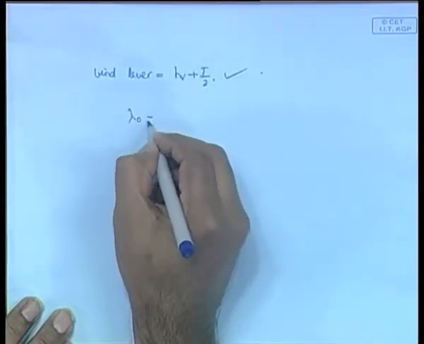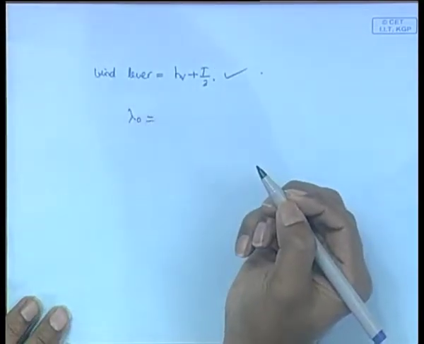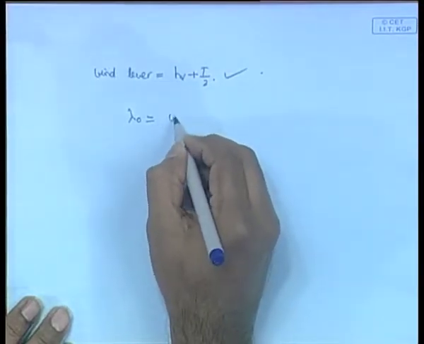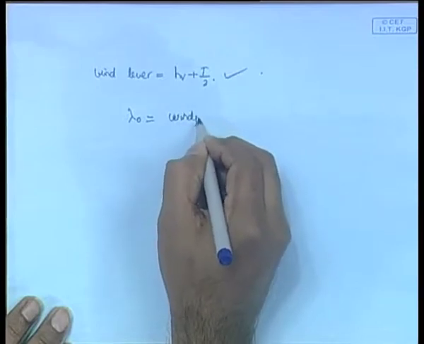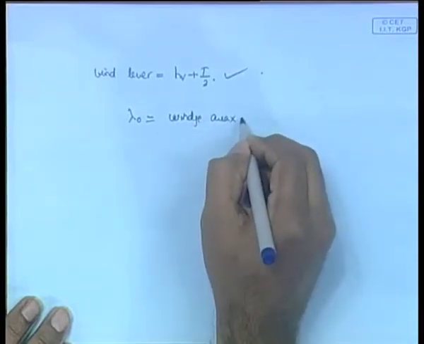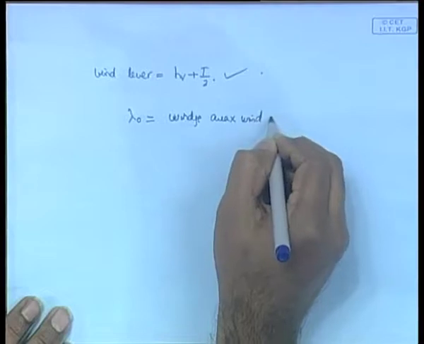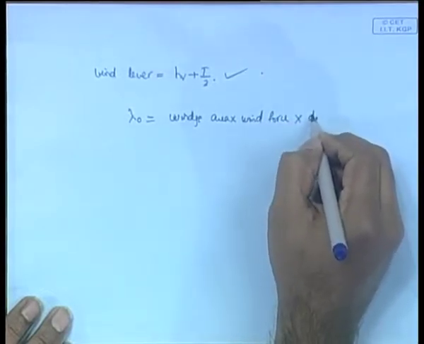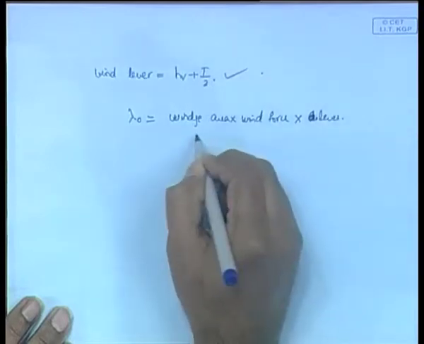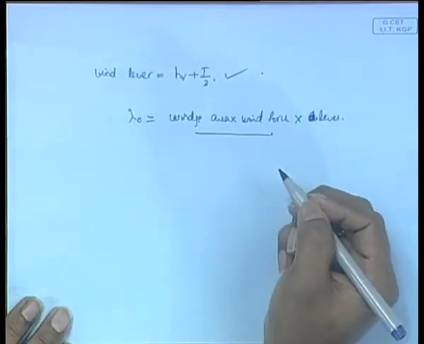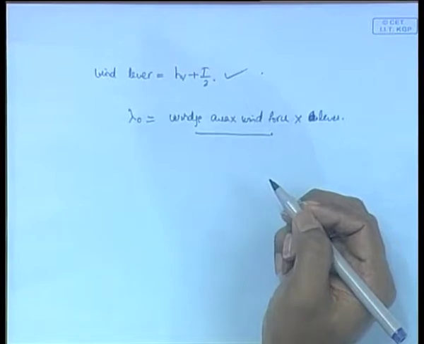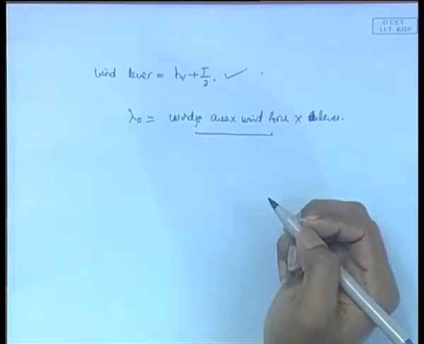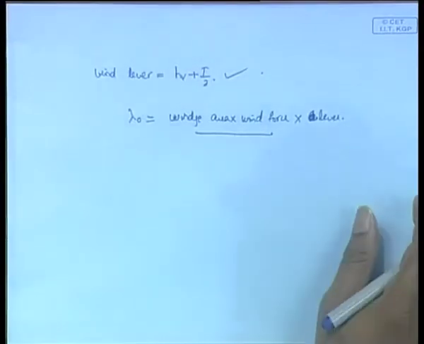Then remember, we have to calculate lambda 0. I have defined that lambda 0 is equal to the moment due to the wind, which we can calculate as windage area into wind force, into that distance, which is the wind lever. Lambda 0 is the moment itself, it is not the arm.